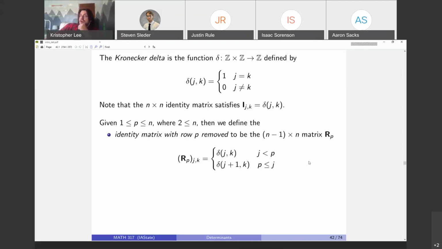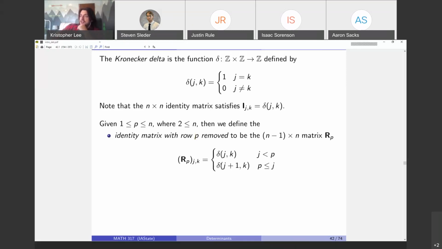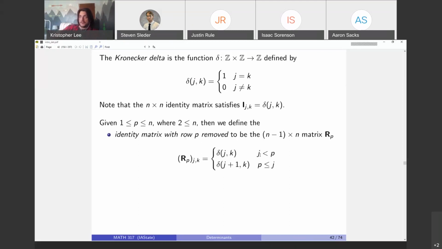Okay. So the identity matrix with its pth row removed is the following matrix. Its jkth entry is the Kronecker delta if the row we're in is not the pth row, any row before the pth row. And then once we've hit the pth row and beyond, we then shift by 1 in the rows.